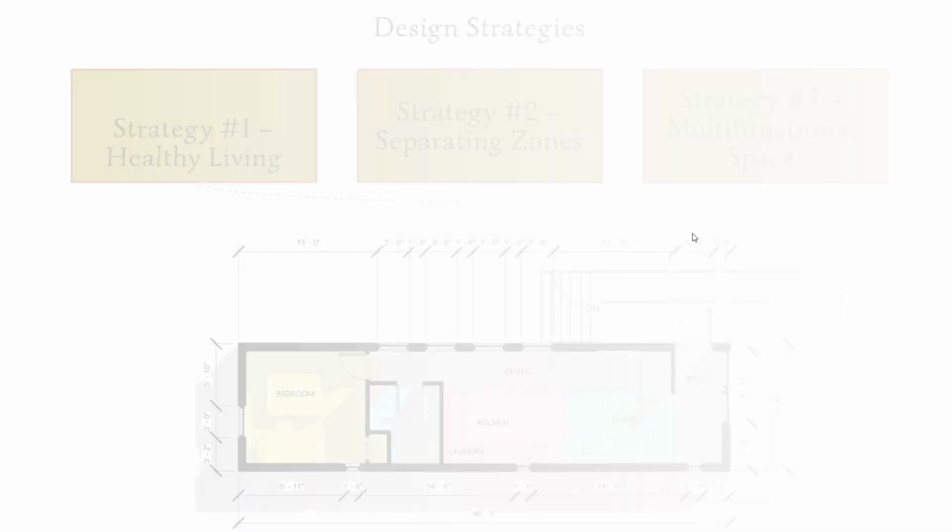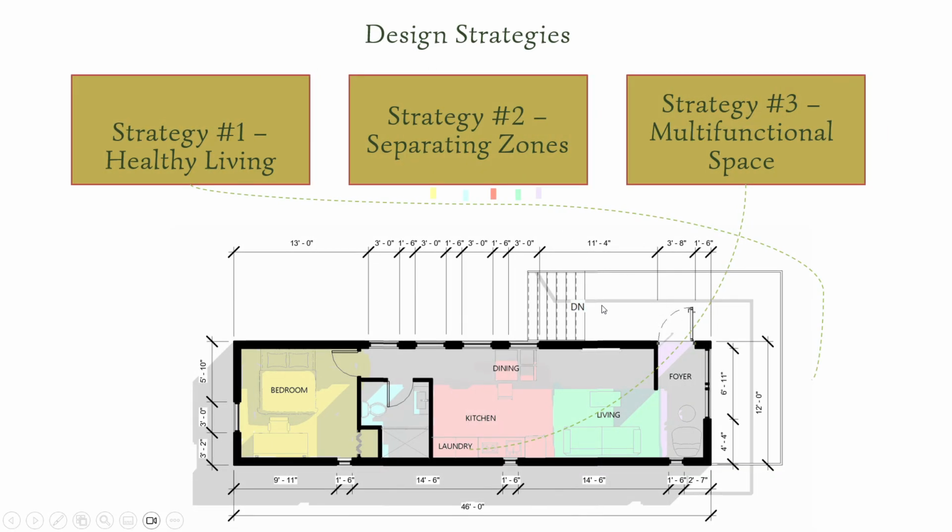Let's get to the next one, which shows my strategies. Strategy one is healthy living, the second is separate housing spaces, and the third is multifunctional spaces. The healthy living space is more focused on the back area, which will give more space for relaxation from a busy lifestyle.